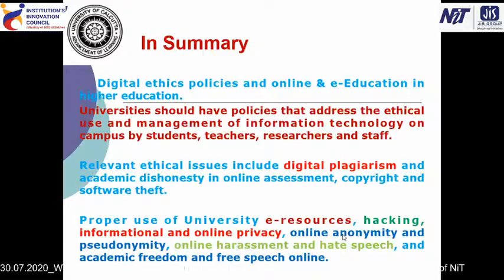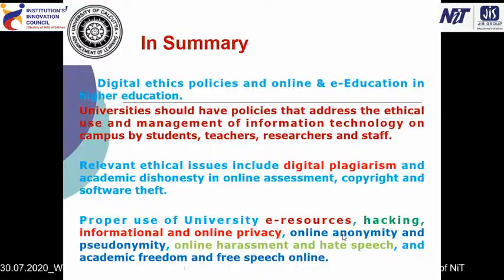In summary, in the higher education system, with online education in the pandemic situation, what happened? What is the future? This is digital plagiarism. The university should have policies to address the ethical management of information technology on campus by students, teachers, researchers, and staff.